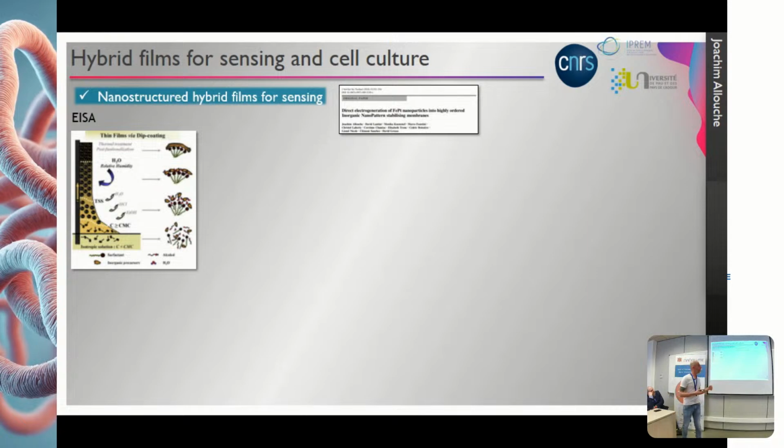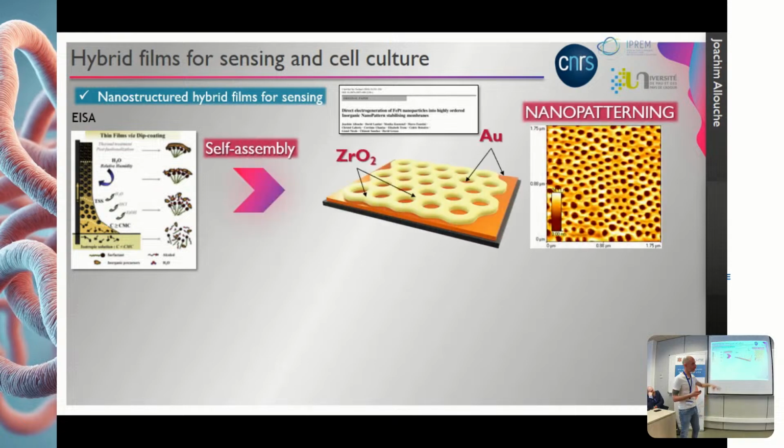We are also working on different types of nanomaterials. For example, here I show you an example of inorganic films. We use a specific protocol that allows self-assembly of nanopatterns on the surface. Here you have walls of 25 nanometers.